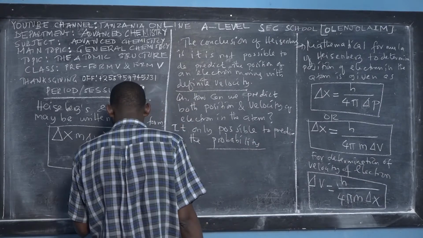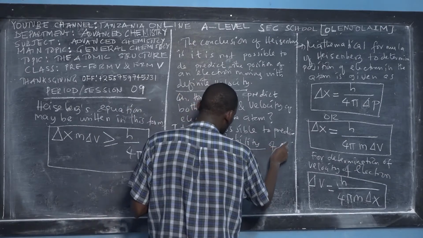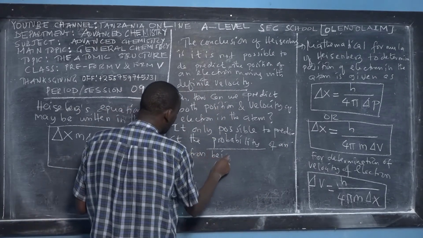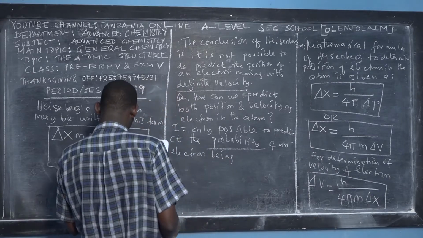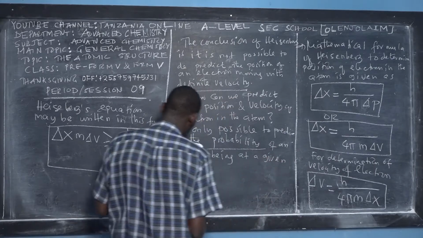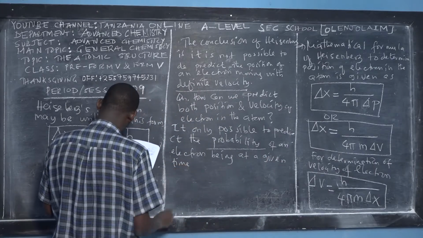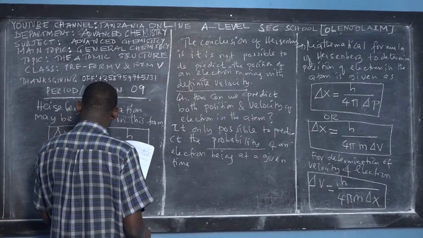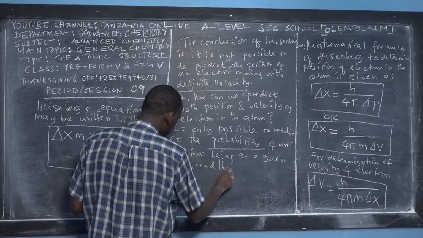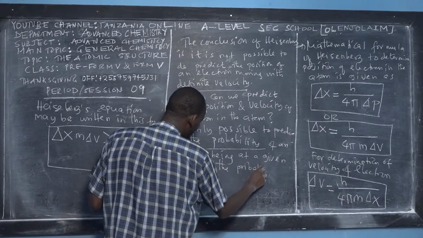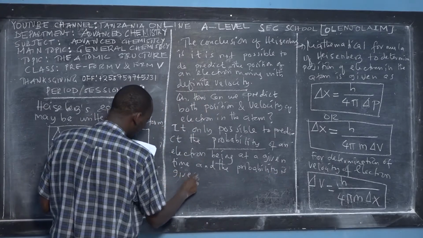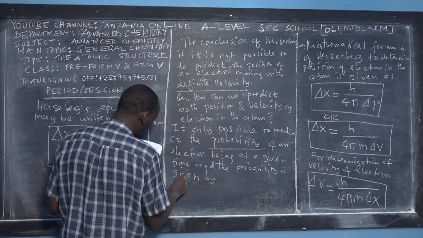of an electron being at a given time. And this probability, the probability of predicting that, is given by Schrödinger.